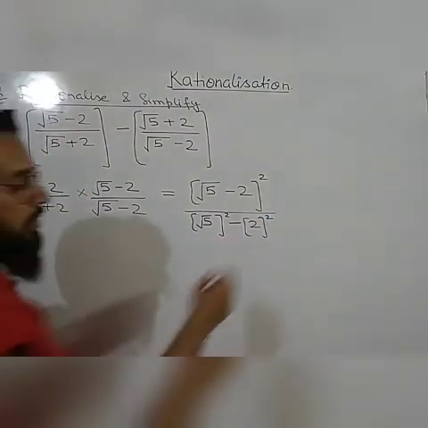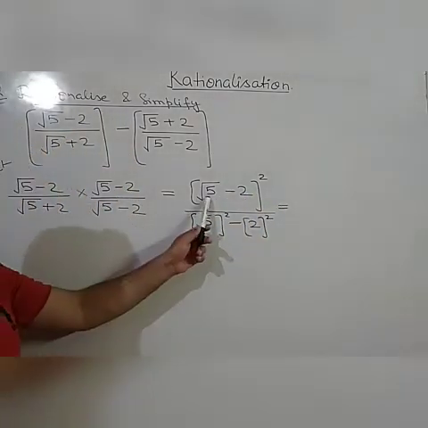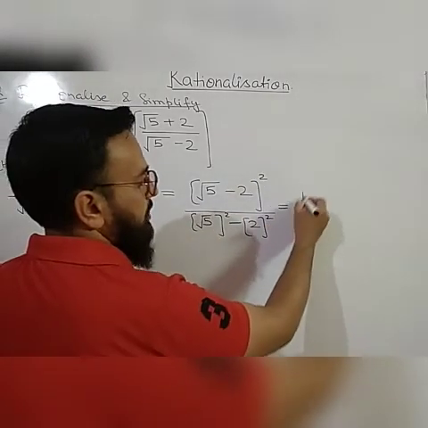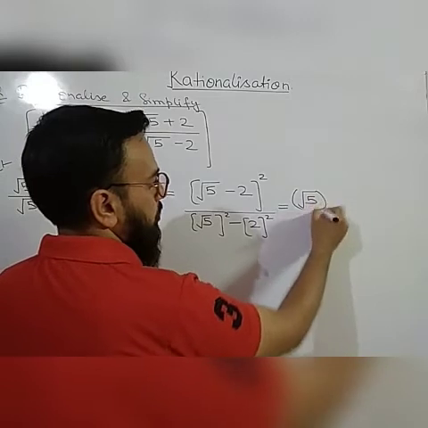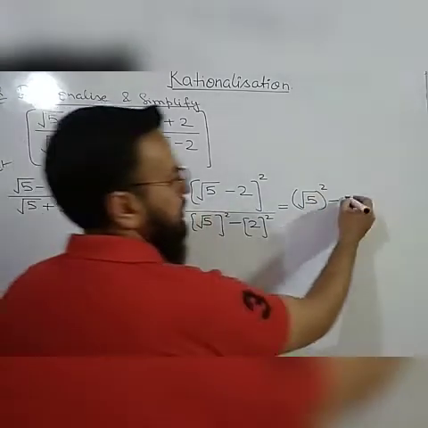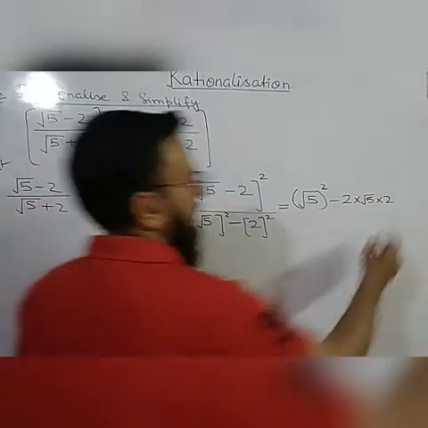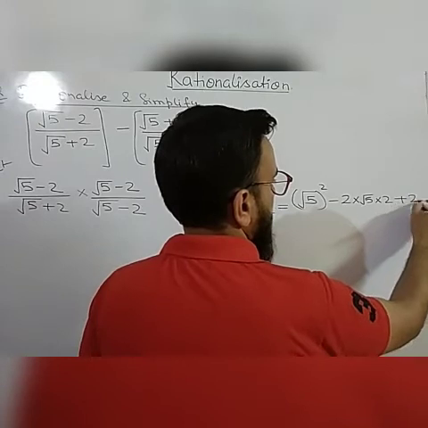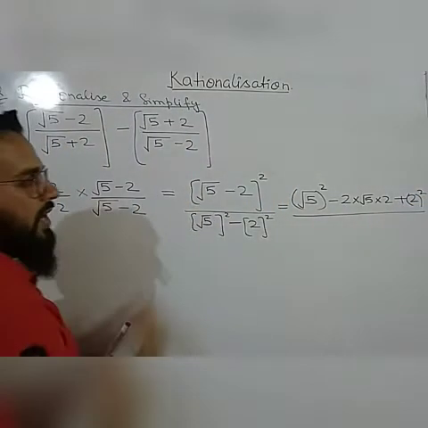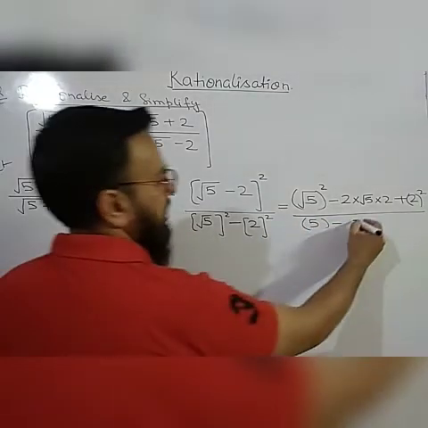Now we expand the numerator, which is in the form a minus b whole square: a square, that is root 5 square, minus 2ab, that is 2 into root 5 into 2, plus b square, that is 2 square. In the denominator, root 5 square is 5 minus 2 square is 4.